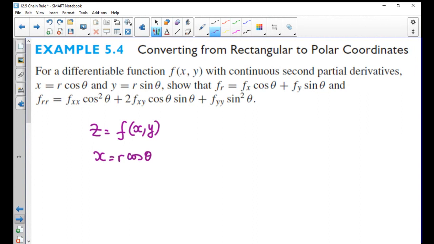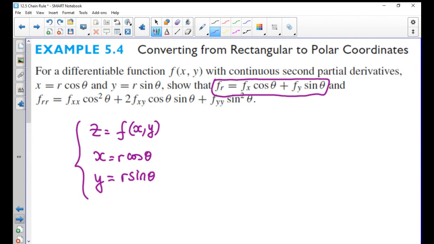So x is r cosine theta, y is r sine theta. And what we want is to find f_r, which means the derivative of z with respect to r.